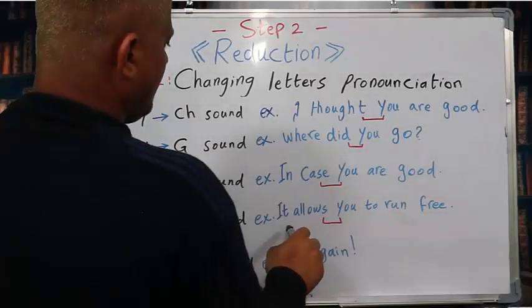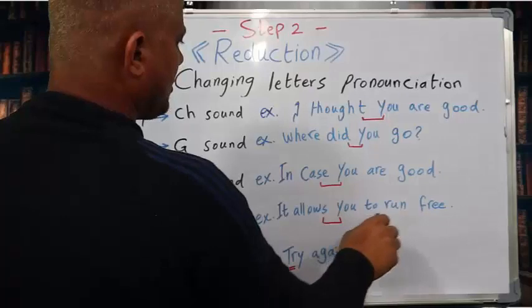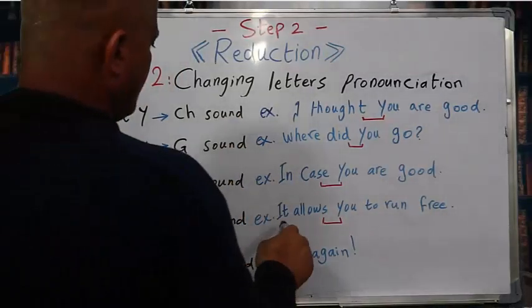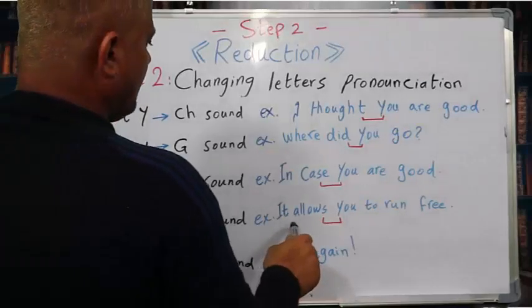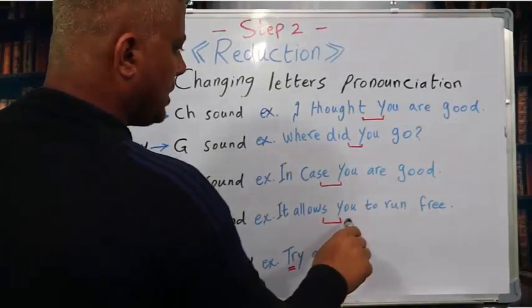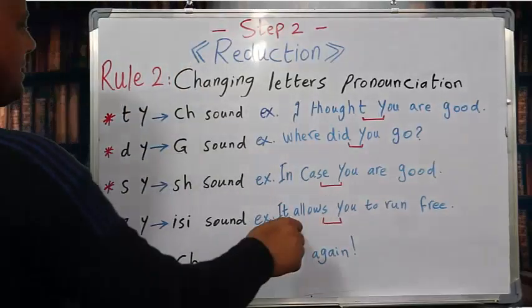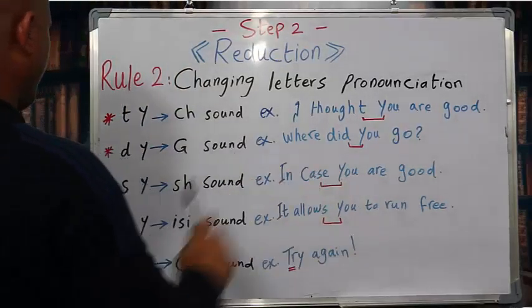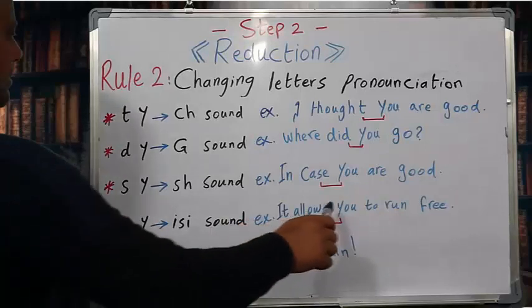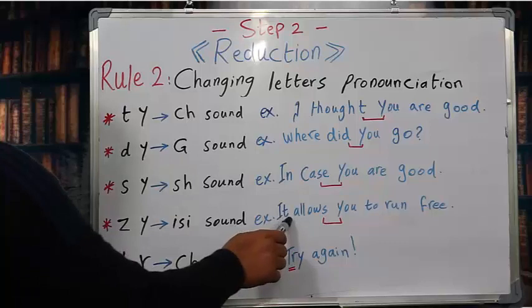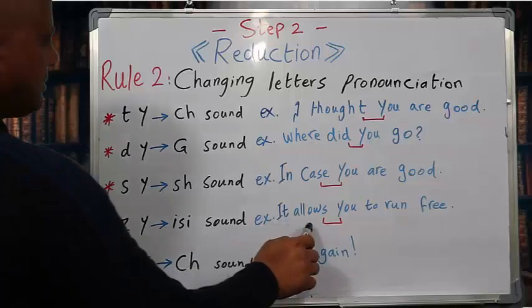Example, it allows you to run free becomes, to sound more English, it allows you to run free. Because T is flap T, it comes between I and A, two vowel sounds. It allows you to run free.